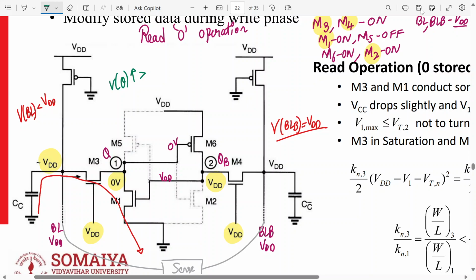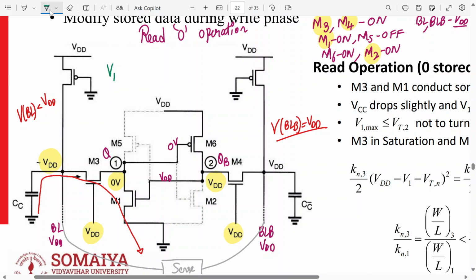Are you understanding? If this voltage at node Q is greater than the threshold voltage of M2, let's say this node is V1. It's not 0 now because M3 is stronger and M1 is weaker, so it's not pulling down so fast.